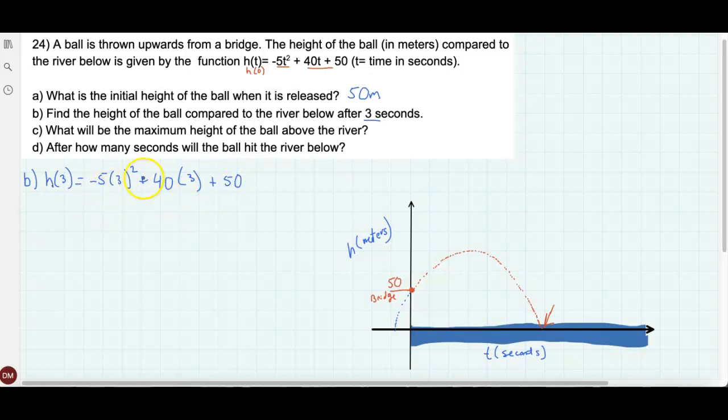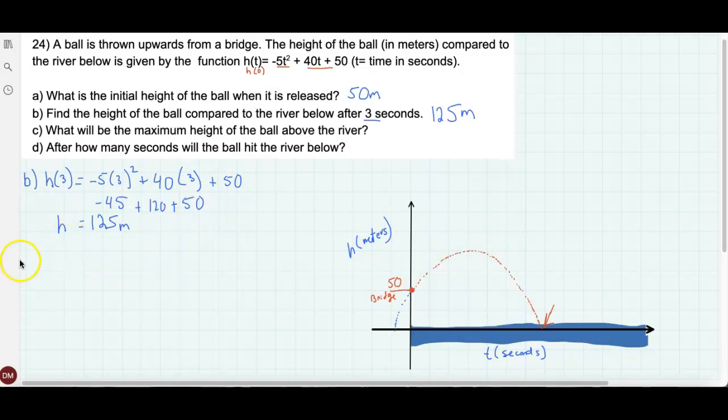So this is 9 times 5 is -45 plus 120 plus 50. That gives us 125 meters. That seems pretty optimistic that he would throw it. That would be like 75 meters high. Alright, cool. This guy can throw.